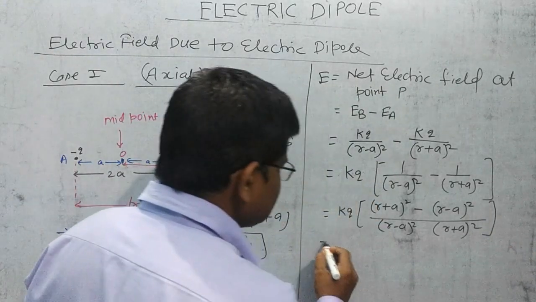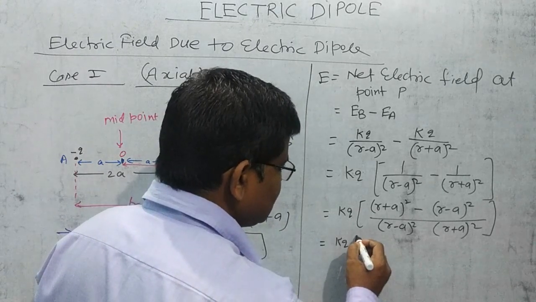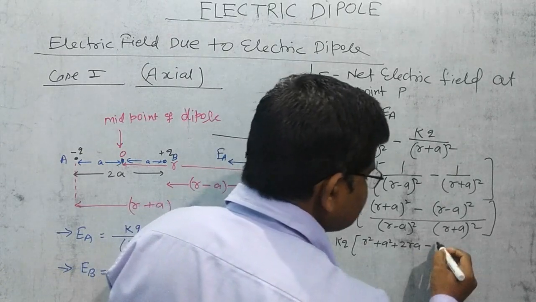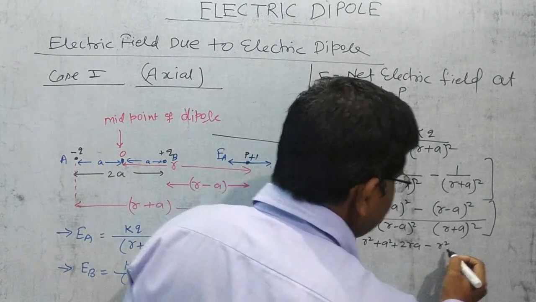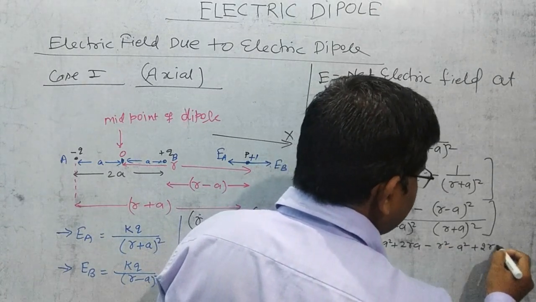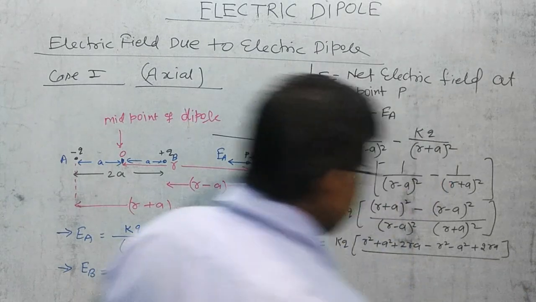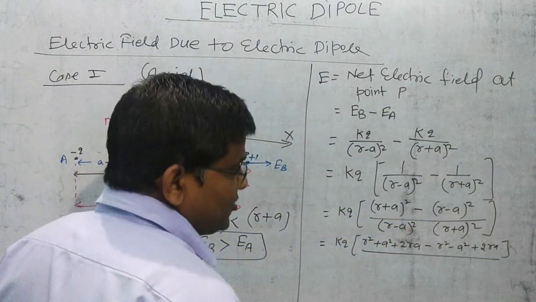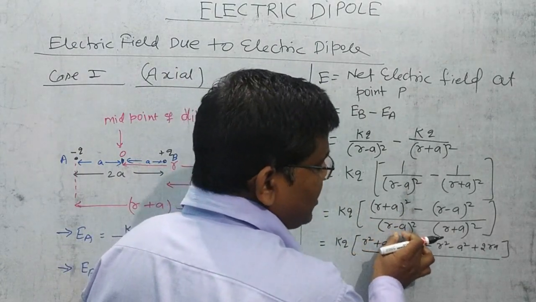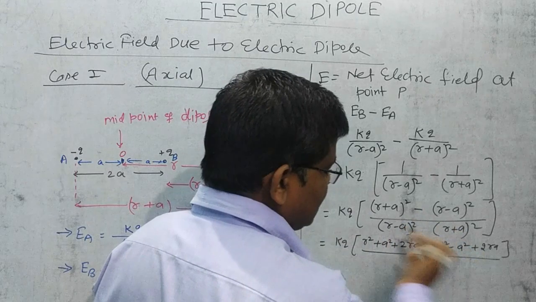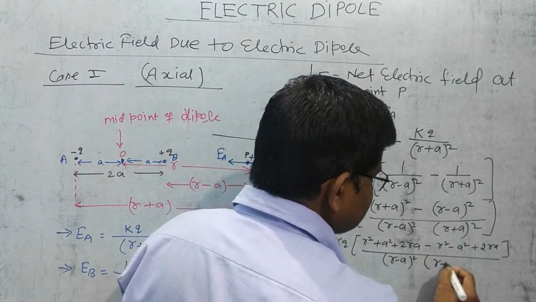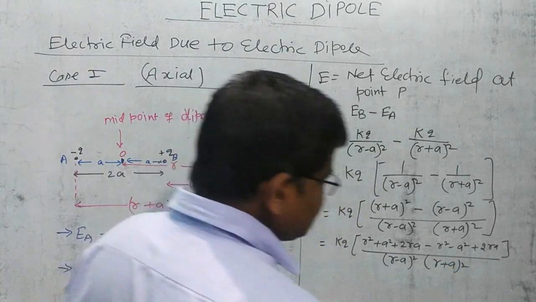Then expand: R square plus A square plus 2RA minus R square plus A square plus 2RA, and in the denominator (R minus A) whole square into (R plus A) whole square.